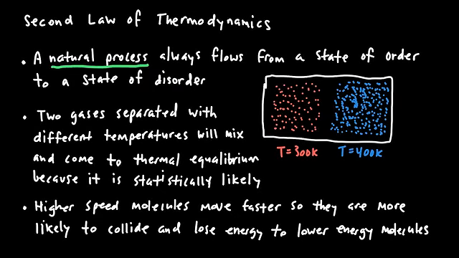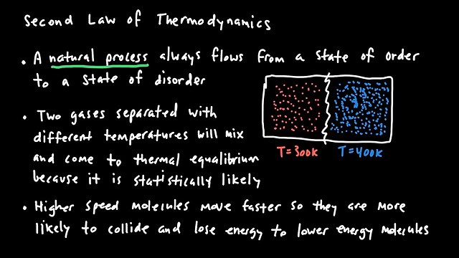And so for natural processes, things that happen naturally, they always flow from a state of order to a state of disorder. And it's just more favorable for processes like that to happen, and so they happen. The example I have here is a box that is initially separated, and then I remove a divider between those two gases.